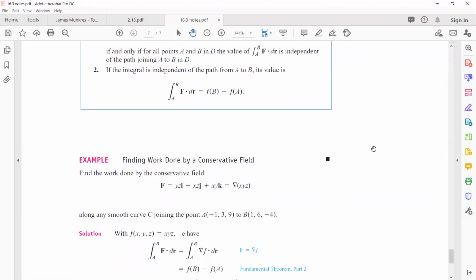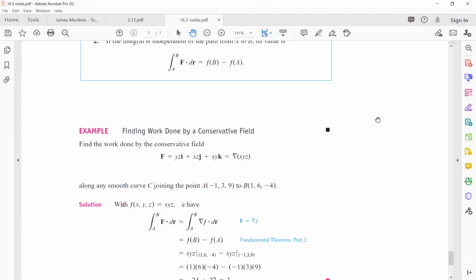By using our theorem, we know that the work done by this conservative field is equal to, instead of F, you can just use the gradient of the potential field.